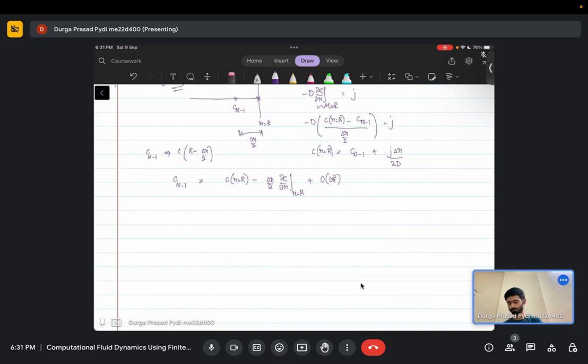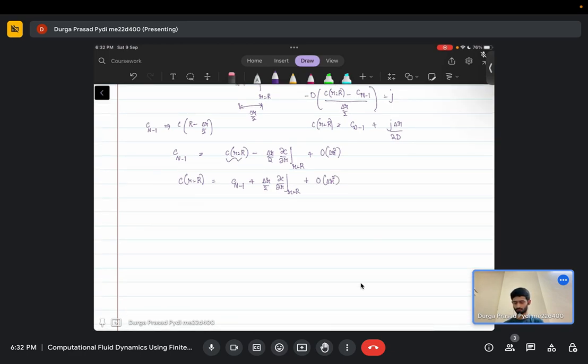So what we are doing now, we are replacing C at r equal to r with Cn minus 1.